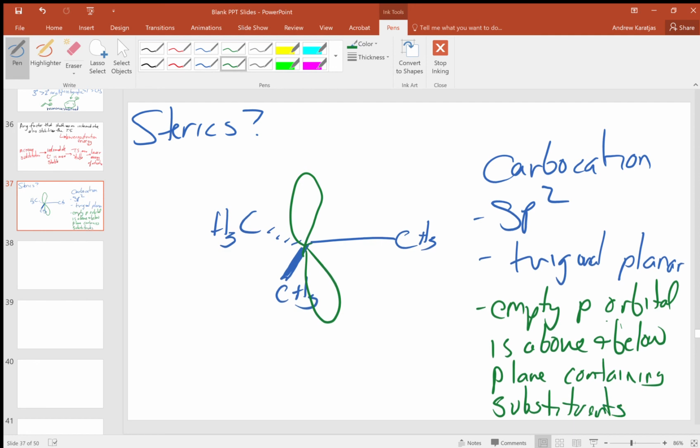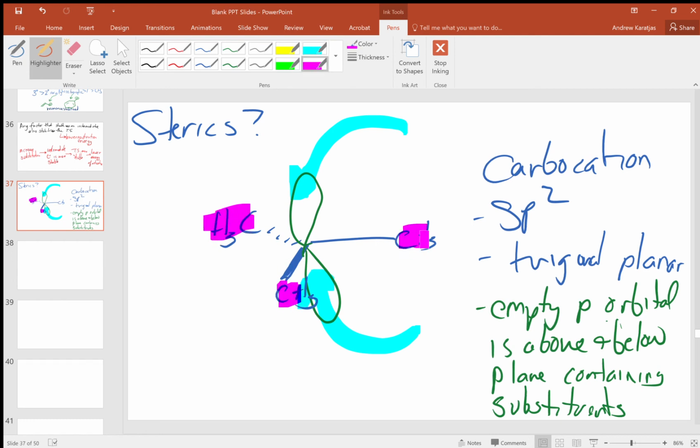So if a nucleophile is going to attack, where does it come from? Well, it's going to come either from up here or from down here. But the key is the three substituents on that carbocation are all in the same plane.